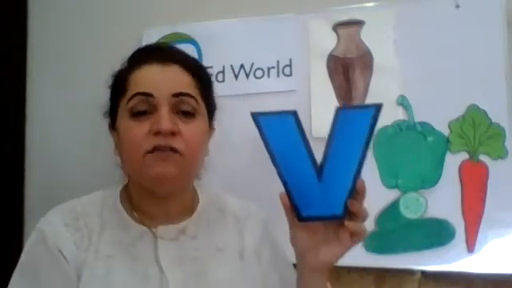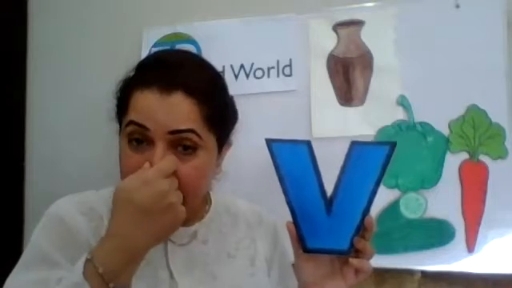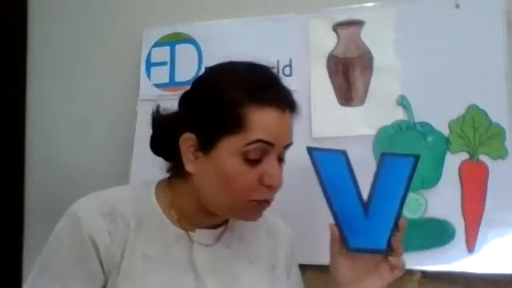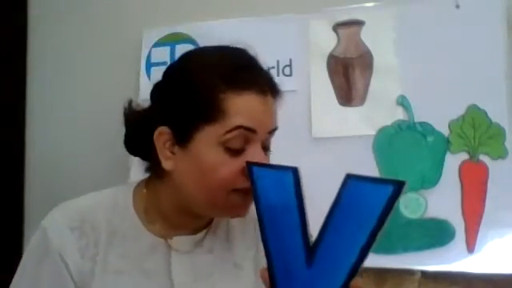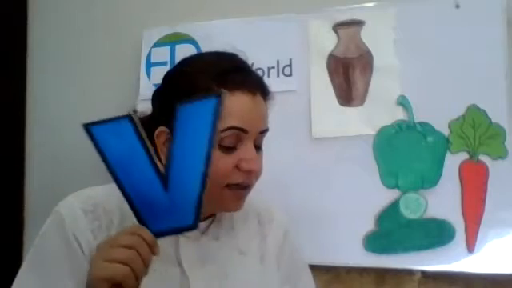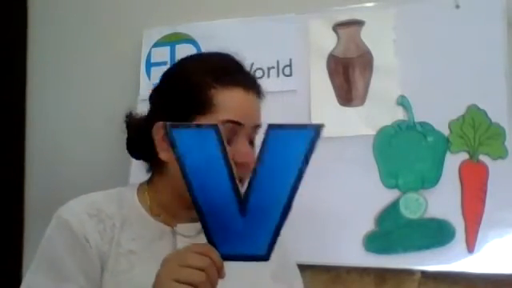So we have done vegetables, we've done maize, we have done vulture, volcano, violin, right? And what else? Van, and yes, I think we did a vacuum cleaner. So these are a couple of things that start with the alphabet V.